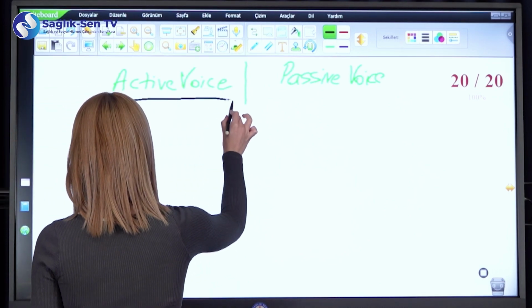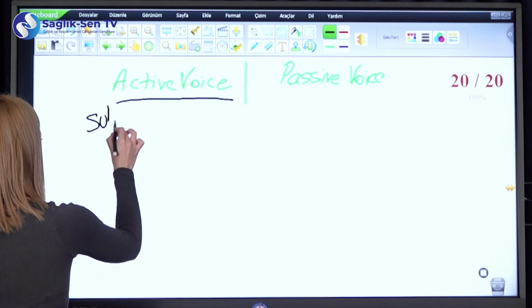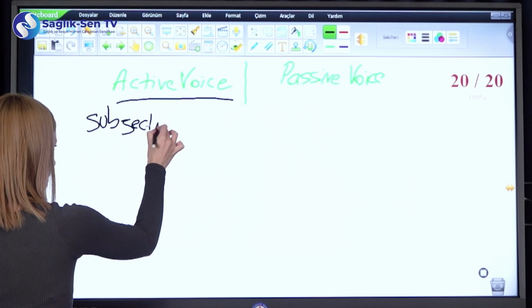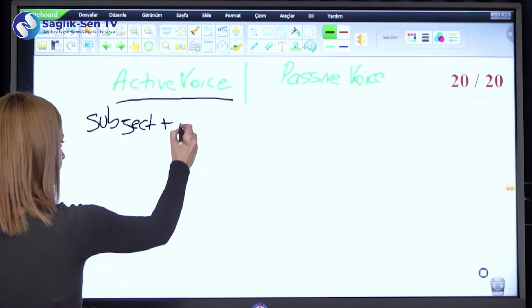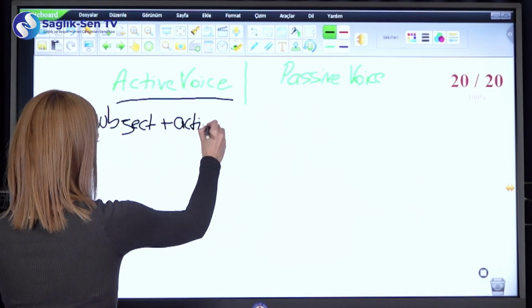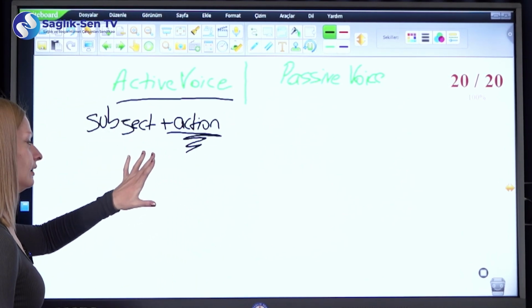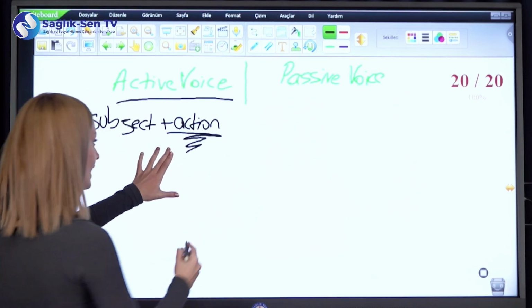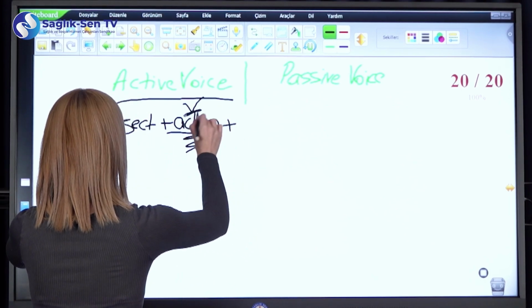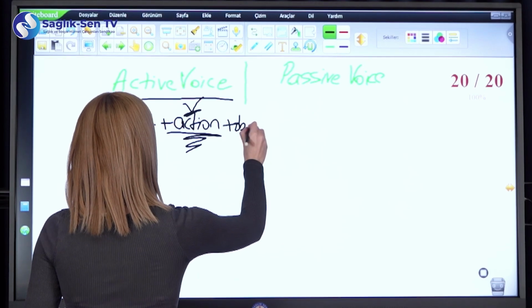Because in active voice, we have the subject in the beginning, who is the one that makes the action, the verb. And then our object.